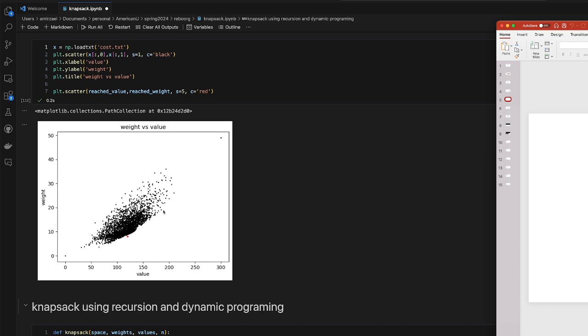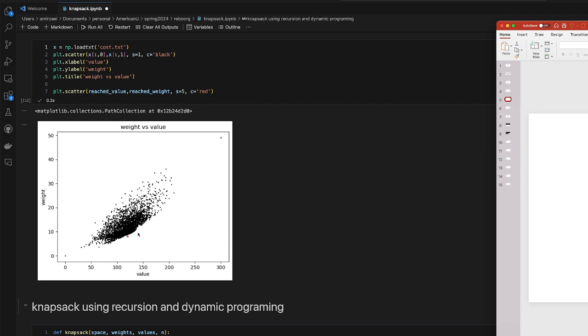But what I'm saying here is all of these points that you see are on the front. These points are known as the Pareto frontier. This is very common in multi-objective problems, where there is no one solution. There could be many solutions based on the consideration.